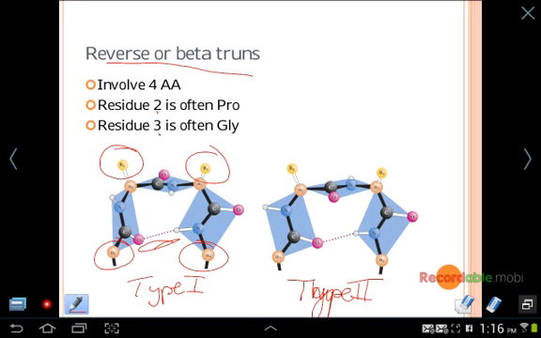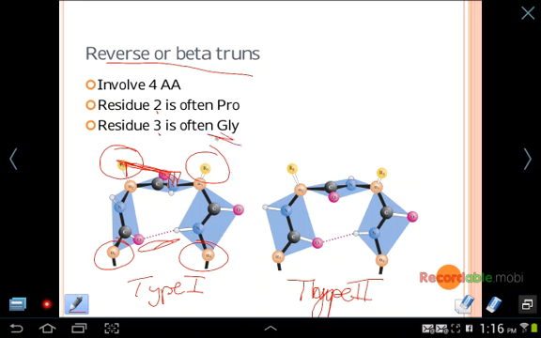The reason we use proline at residue 2 is because it already has this nice tight turning capability, with the functional group being covalently bound to the amino group, which just naturally starts to create a turn.